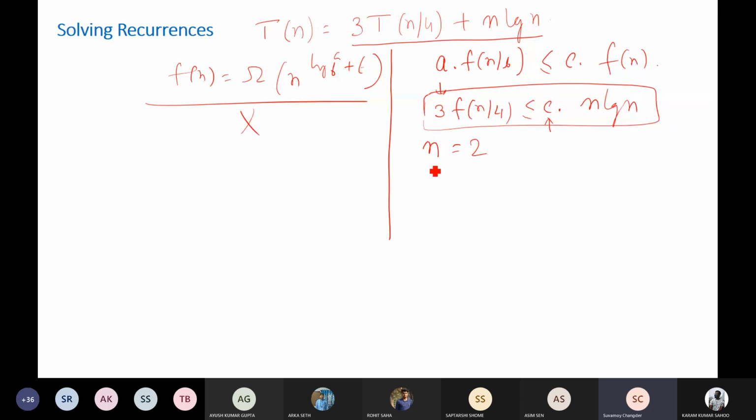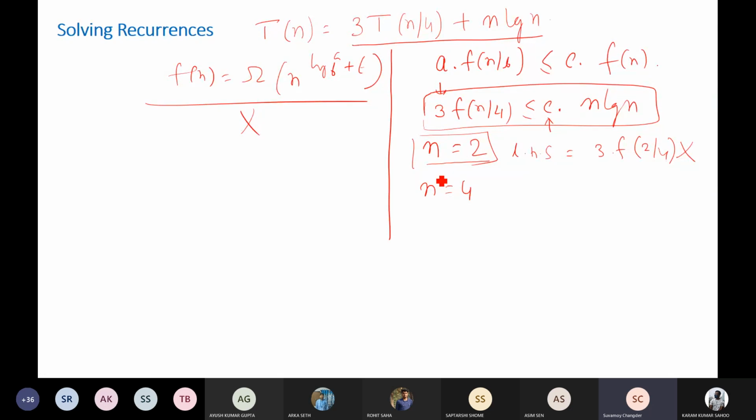So let us consider n equal to 2. What will we get from the left hand side? 3 into f of 2 by 4, and 2 by 4 means half. Now if we put this value here, log half has no meaning. So we are not considering the input size n equal to 2. Let us consider the input size n equal to 4, so that n by 4 is 1, and each subproblem consists of at least one element.